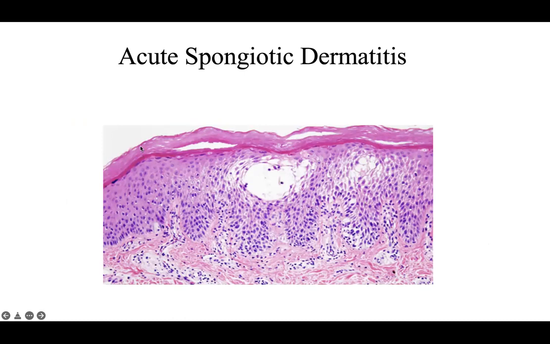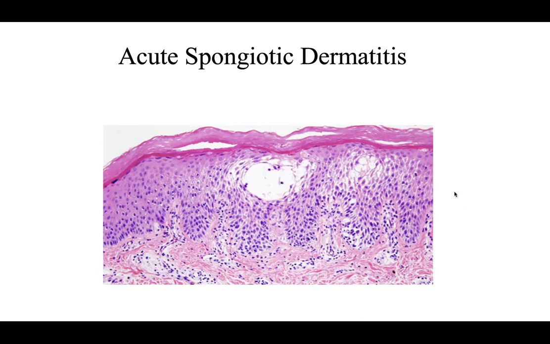You'll often see this basket weave or orthokeratotic stratum corneum on top, which indicates that this is more of an acute process. So this epidermis hasn't really even had time to try to repair and make a lot of parakeratosis on top. This is really an acute edema of the epidermis. And so that will signify to you. The other thing is with these microvesicles, you'll often get Langerhans cells kind of collecting and hanging out.